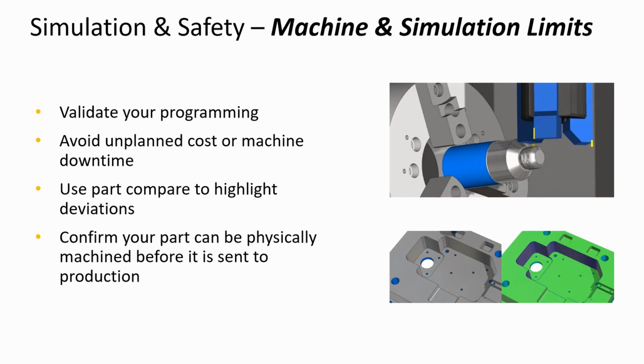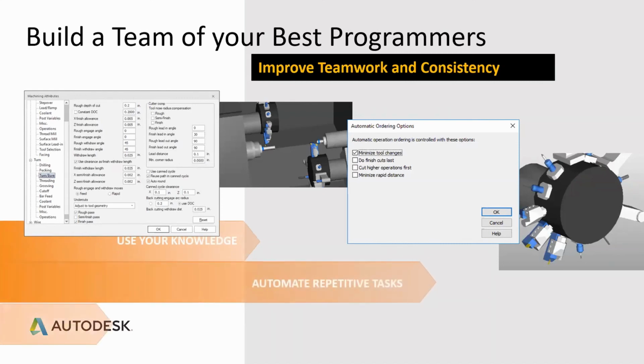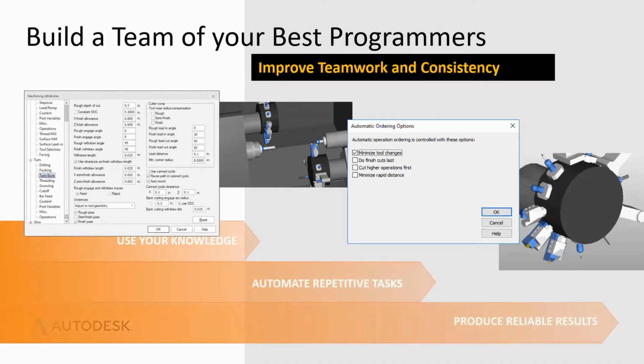So overall, we've talked about these solutions and how software is really going to reduce the risk for you. And this is where we really dig in and talk about this being a comprehensive solution for the whole team. What you have at the end of the day, if you start using the automation capabilities and building in the tool libraries and the machines and getting everything set up, is that you're getting your best programmer for your whole team.